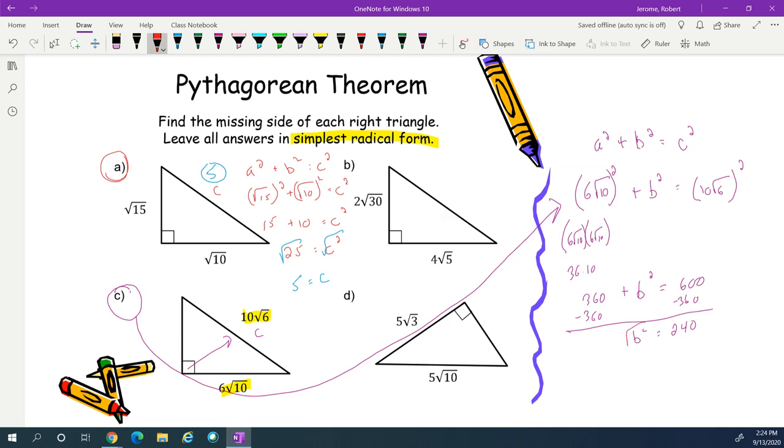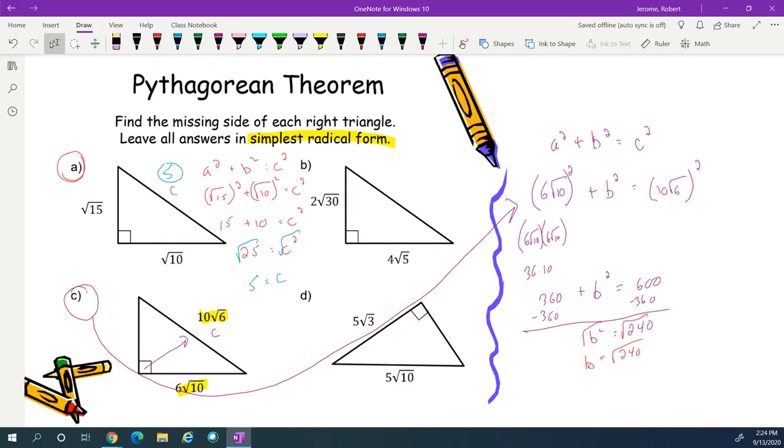So we're going to take the square root of both sides. B equals square root of 240. But now we have to work out that 240. So this goes back to all the times that we worked on our factor trees. So 240. That's a 2, 120, 2, 60, 2, 30, 2, 15, 3, 5.